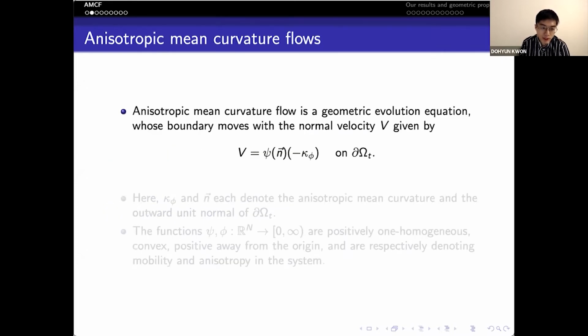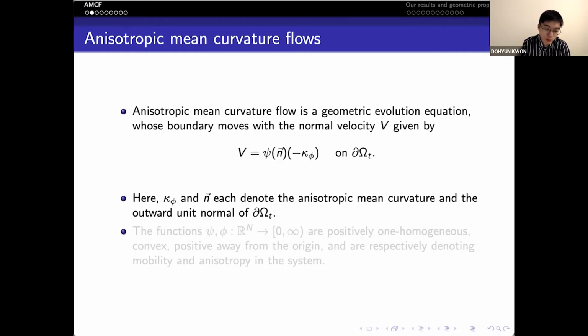So an anisotropic mean curvature flow is a geometric evolution equation whose boundary moves with a normal velocity v. And here v is given by psi of normal n and then minus kappa sub phi. Here kappa sub phi and n each denote the anisotropic mean curvature and the outer unit normal.